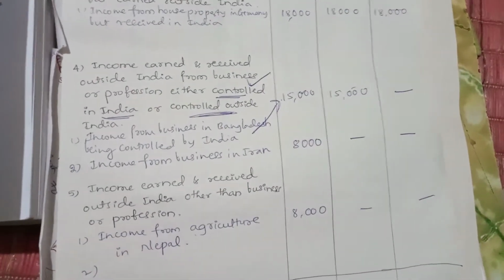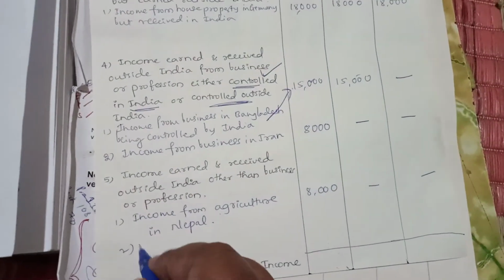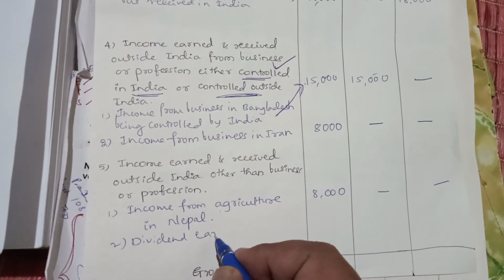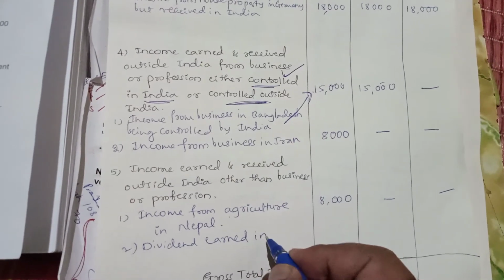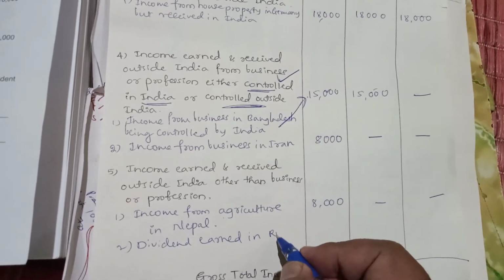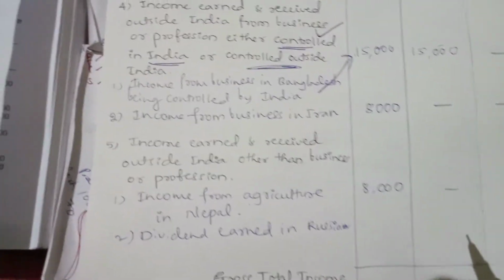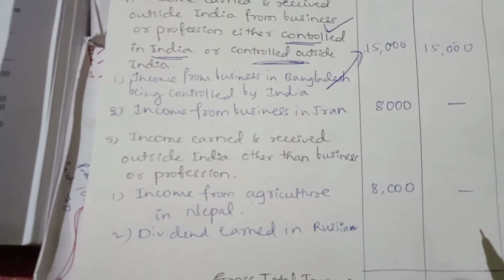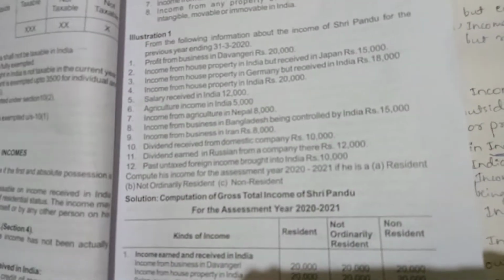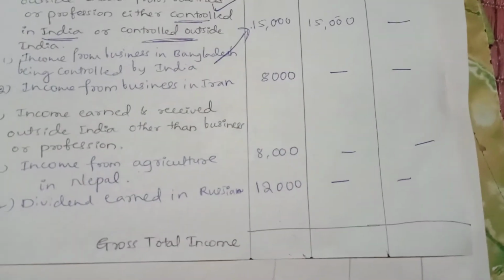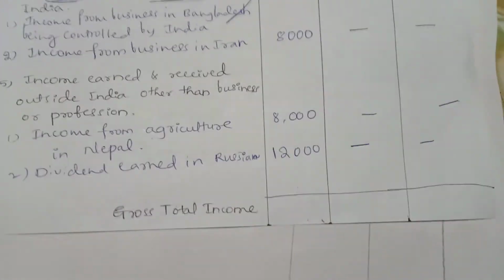That is why I will write dividend earned in Russia amounted to rupees 12,000. Only in the first column I am going to show the amount, and the rest of the two columns will be put as nil only.